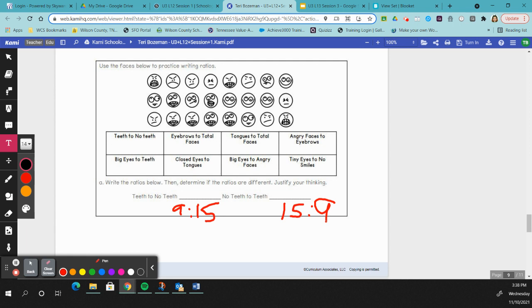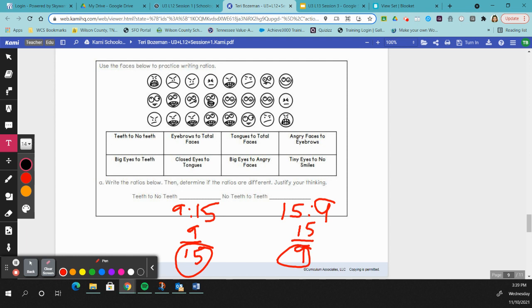And the best way to think of this is if ratios are division comparisons and they can be written as fractions, then this would be 9/15ths and this one would be 15/9ths. 15ths and ninths are not the same thing. They have different units. This one is using 15ths and this one's using ninths as the units. So no, they're not the same thing. So that would be, for me, how I would justify the fact that they are not the same.